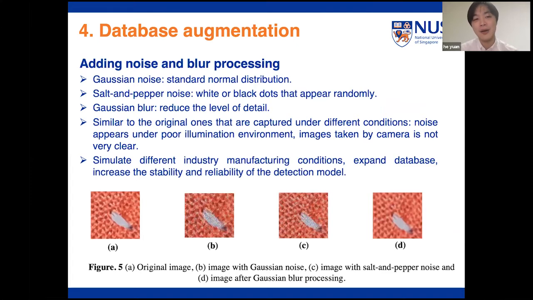Yeah, and we also add some noise to the image. We use image processing to add some Gaussian noise and some salt and pepper noise, because we need to reduce the image quality. We want to simulate what we can get from the company. And as I said, the company cannot always supply a very perfect image.